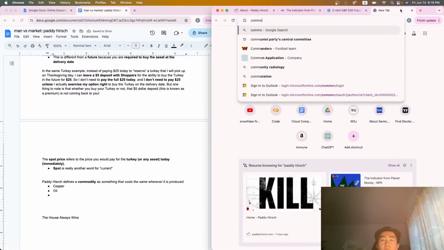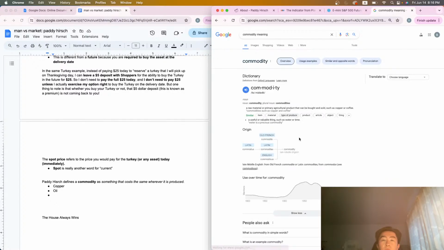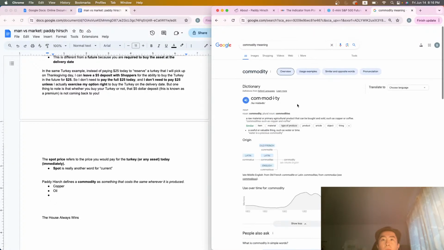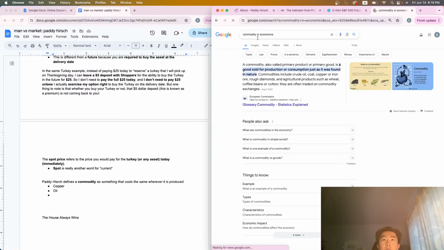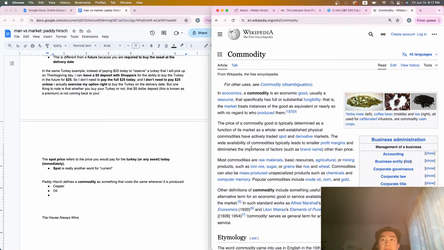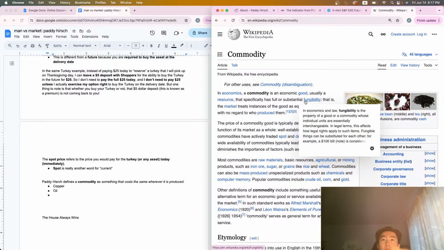Yeah, how do other people define it? Commodity economics: equal or substantial fungibility.